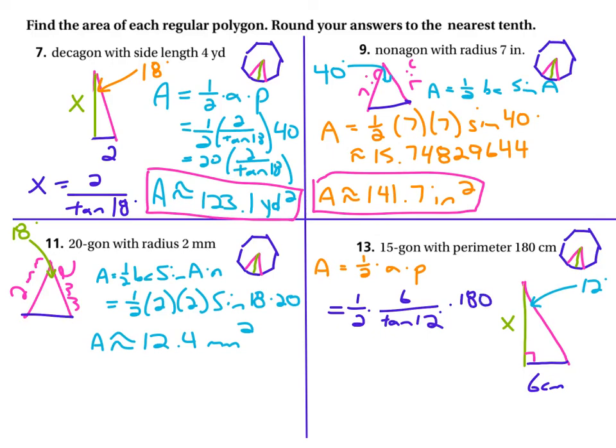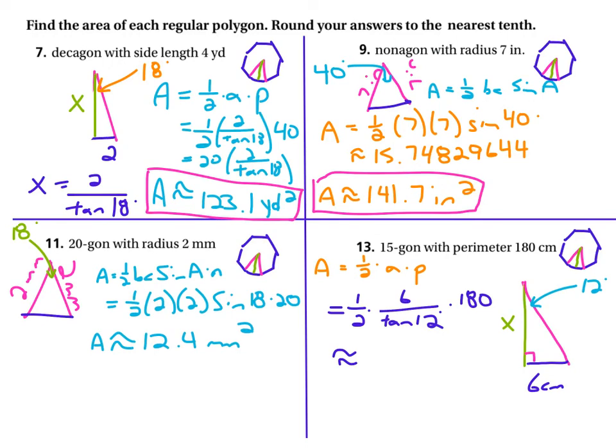And so times 180. Okay? And then the area will be approximately equal to 0.5 times parentheses 6 divided by tan of 12, close parentheses, times 180.